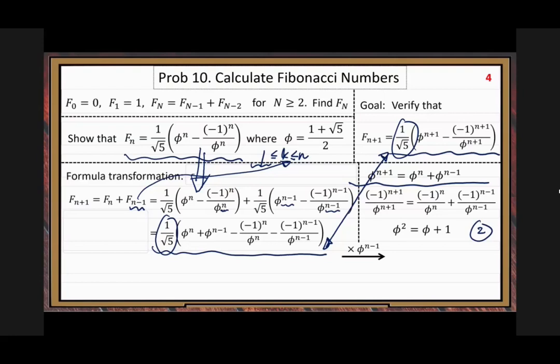It should also be correct. Left hand side, phi to the n plus 1. Right hand side, phi to the n plus phi to the n minus 1. That's exactly our first equality. So it's correct. So we verify it.